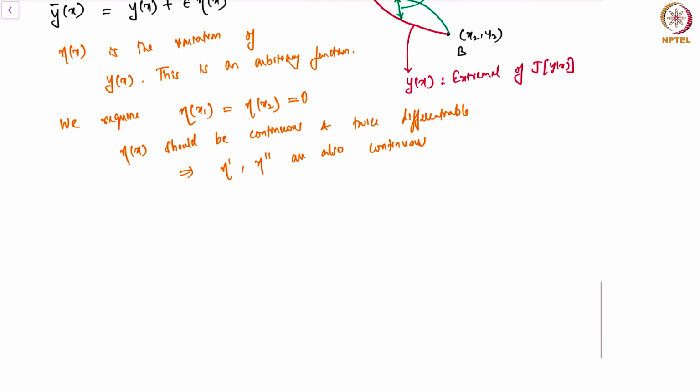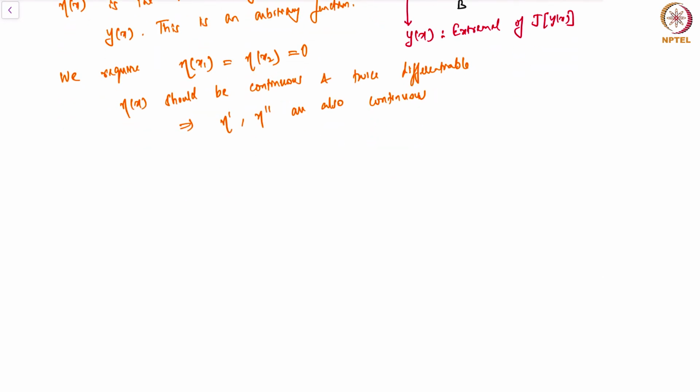Okay. Now, let's write down the function again. So we have y bar, which we define as y of x plus epsilon eta of x. Therefore, y bar prime of x will be y prime of x plus epsilon eta prime of x.